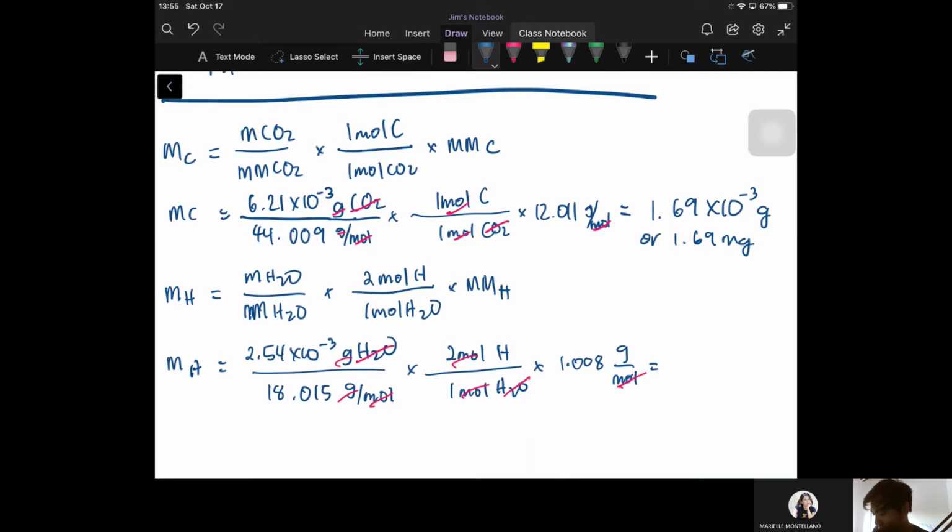Then, 2.54 times 10 to the negative 3 divided by... so that would be 2.84 times 10 raised to negative 4 grams. Or in milligrams pala, that's 0.28 milligrams, no?